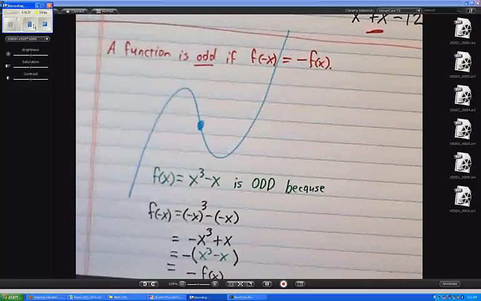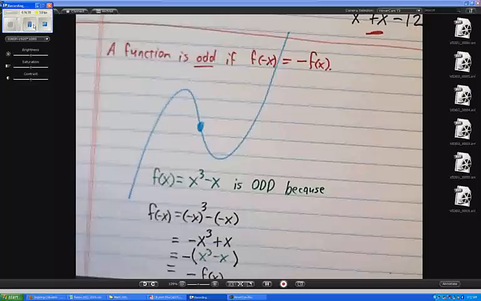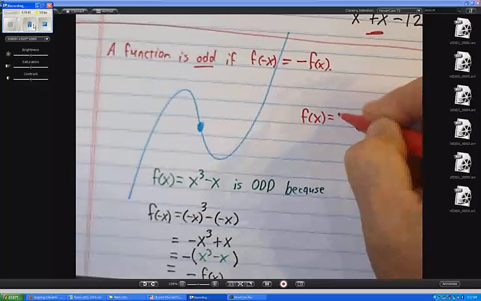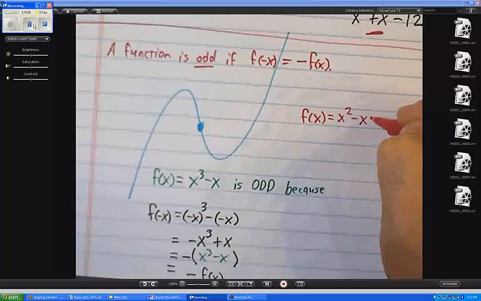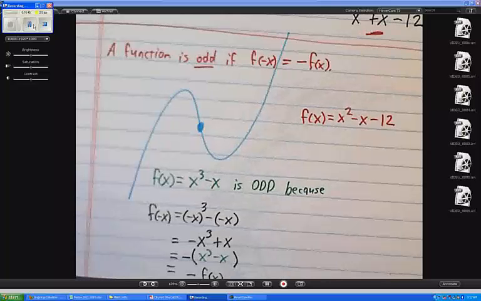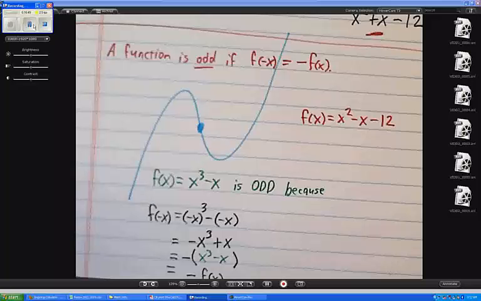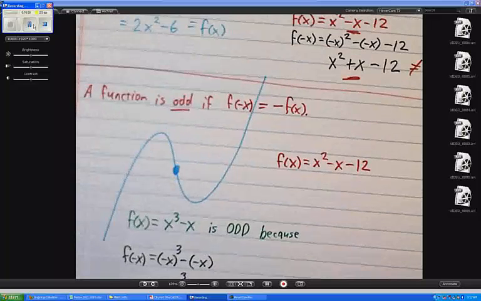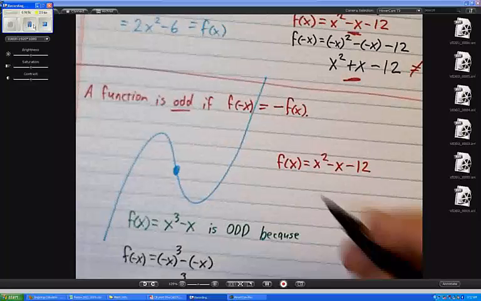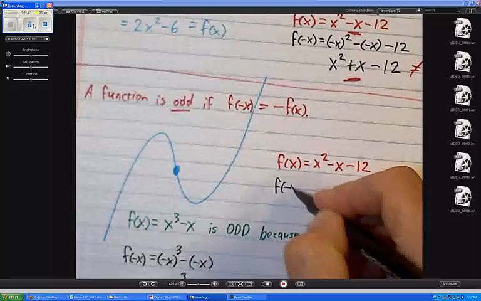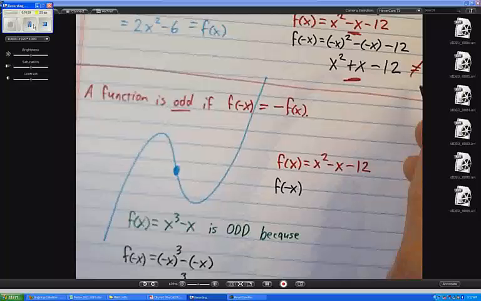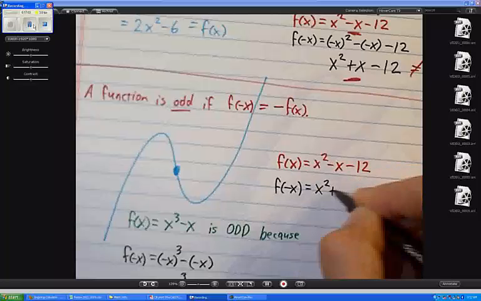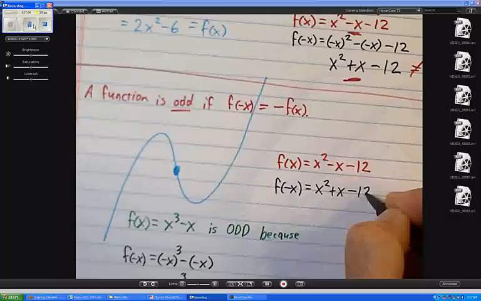What about that other example I had? f of x equals x squared minus x minus 12. Well, remember, I already computed, if you just go up here a little bit, f of negative x. We worked out after we simplified it that it is x squared plus x minus 12. Right? We worked that out already.